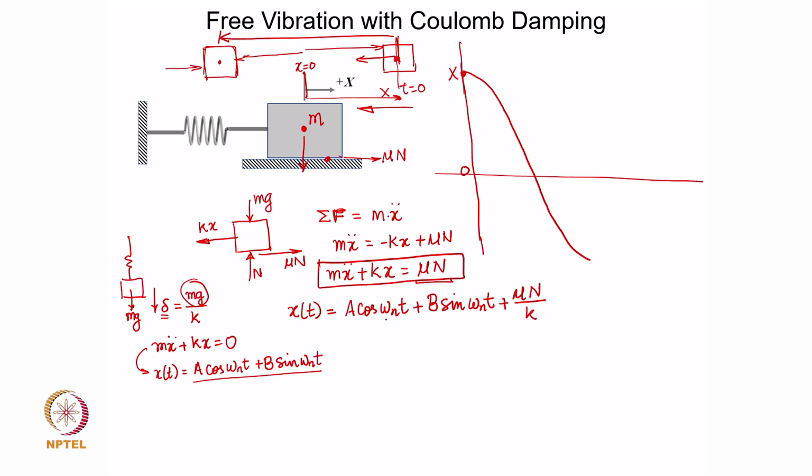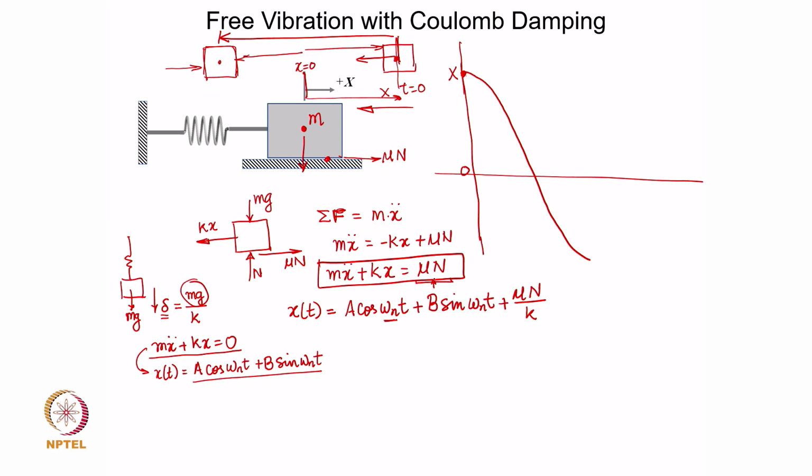So, that is the reason why this frequency that we have used here in this solution is the natural frequency, undamped natural frequency of vibration. So, the oscillations are going to happen at undamped natural frequency of the system, because what we have done is we have got a solution which is a linear mixture of the solution of the homogeneous part and the response because of the constant force mu n appearing on the right hand side, right. So, we simply superpose the two responses.